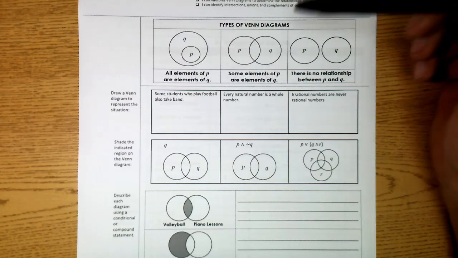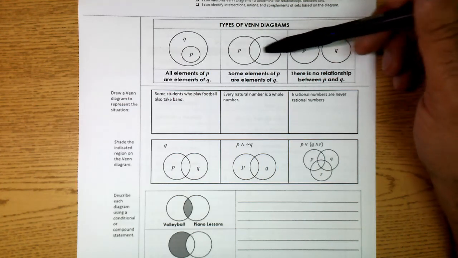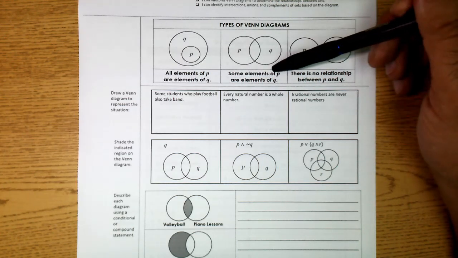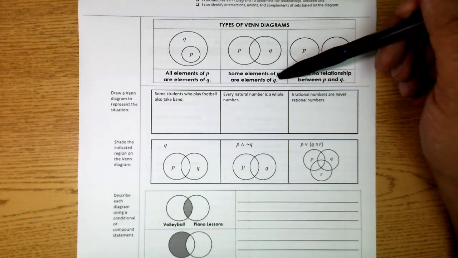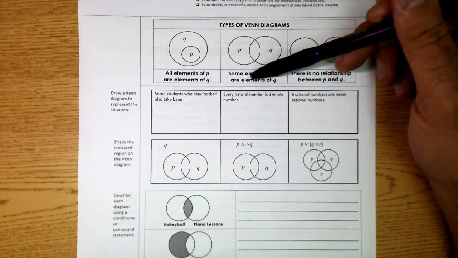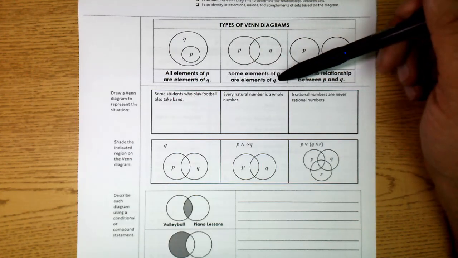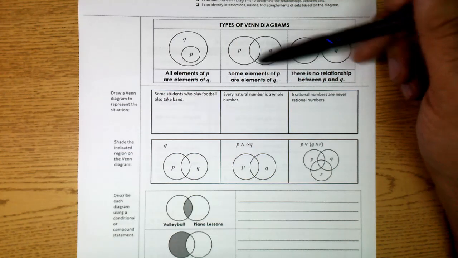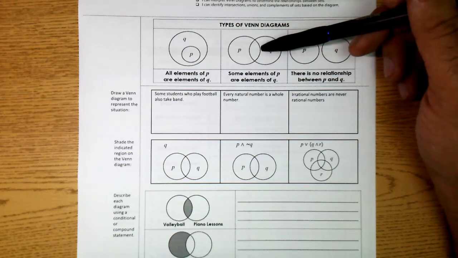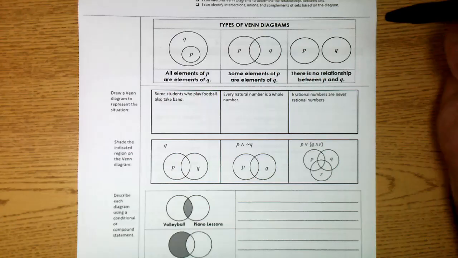Okay? Then you have the normal Venn diagram that you're used to seeing, where some elements of P are elements of Q. I don't really like that wording. I would say that some elements of P and Q are the same.